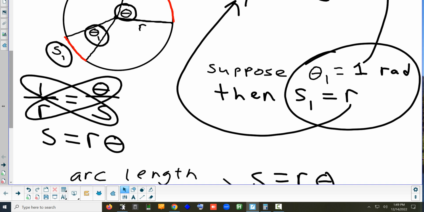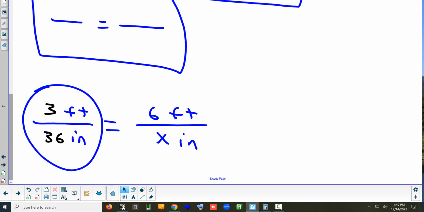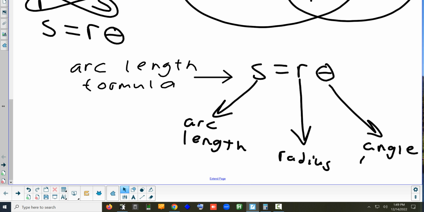So this whole formula was based off of a fact that used radians, just like this formula is based off of a fact that uses feet. If you want to convert between centimeters and inches, this isn't the fact that's going to work. It's based off feet. So this formula is based off of an angle, but it has to be in radians.